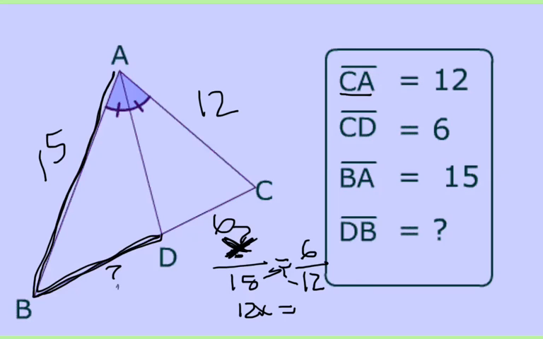Remember, when you cross multiply, you go across denominators to opposite numerators. So 15 times 6, so 12X equals 90. And then divide both sides by 12. X equals 7.5. There you go.